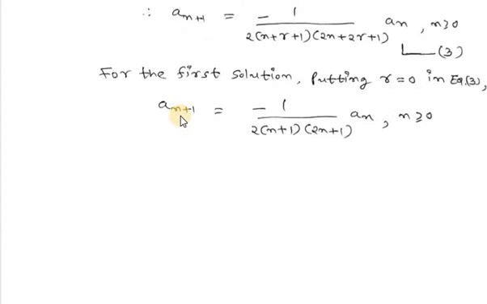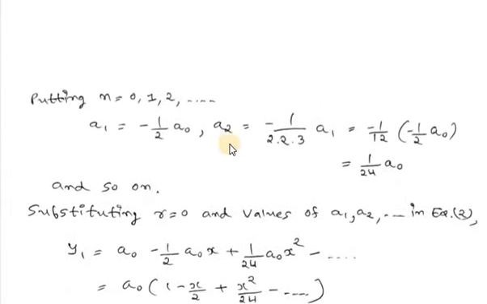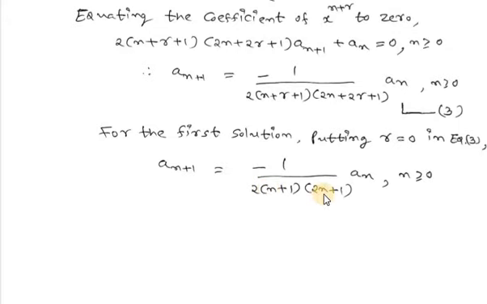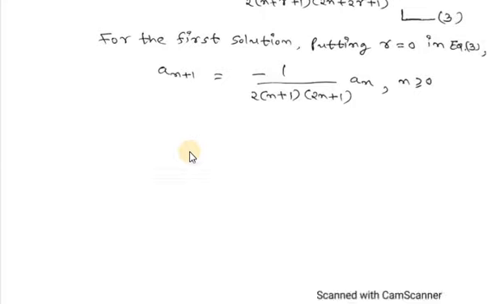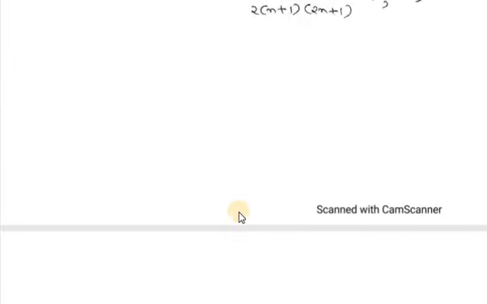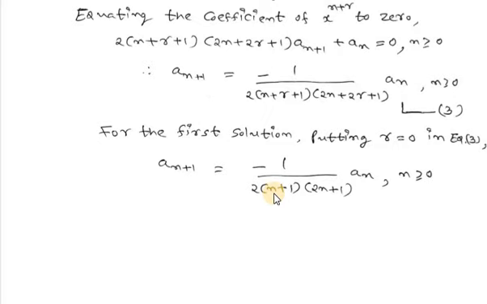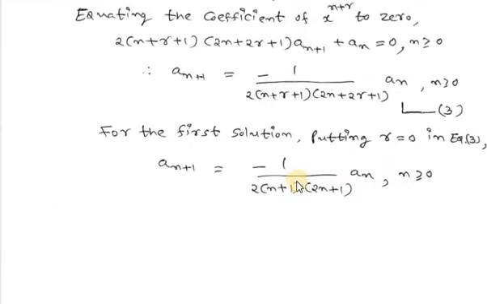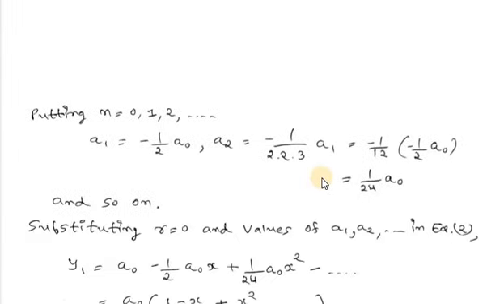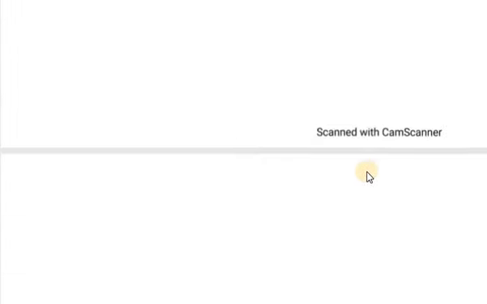If we put n equals 0, the left hand side will become a1, and this is 0, this is 0, so it becomes minus 1 by 2 into a0. So the value of a1 is minus 1 by 2 into a0. Now we put n equals 1, so the left hand side will become a2, that is minus 1 over 2, 1 plus 1 is 2, and then 2 into 1 is 2 and 2 plus 1 is 3, and over here it will become a1.